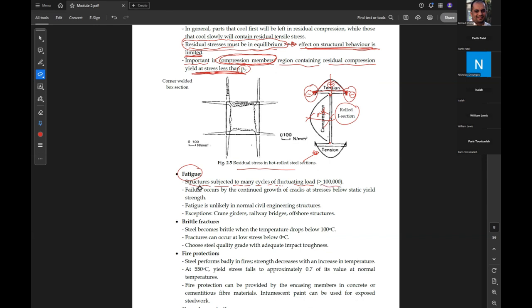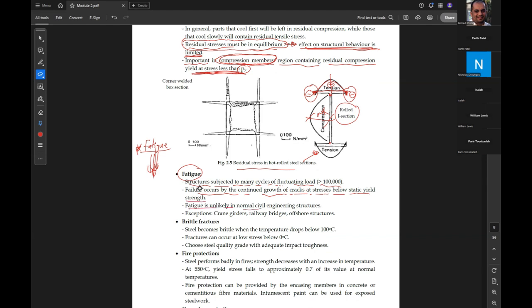You keep applying the load and releasing the load, applying and releasing. This causes fatigue. So fatigue is caused by applying many cycles of loads. Failure occurs by the continued growth of cracks at stresses below the static yield stress.